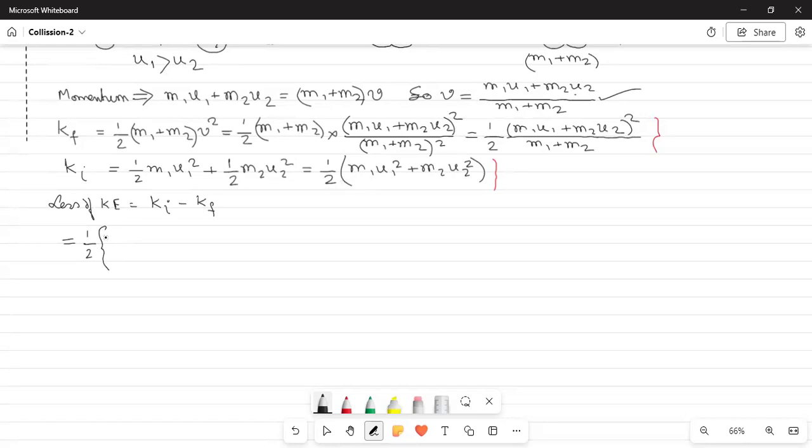And initial kinetic energy is M1 U1 square plus M2 U2 square minus the final kinetic energy, which is like this: M1 U1 plus M2 U2 whole square over M1 plus M2.